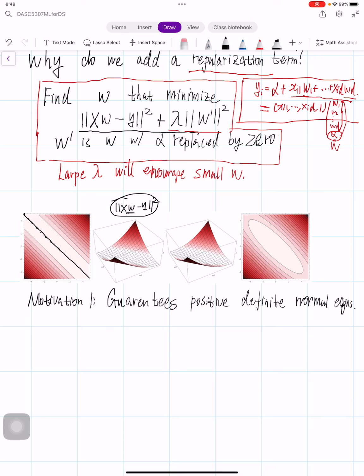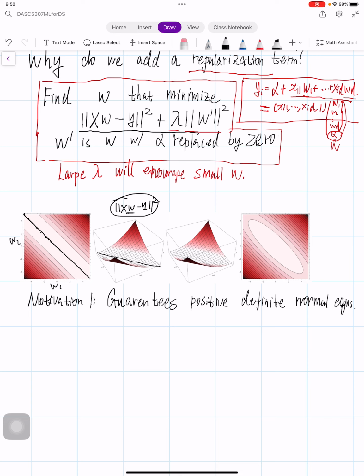In other words, if this happens, all the W1, W2 on this diagonal line will be solutions for our linear regression. So we lost the unique solution.